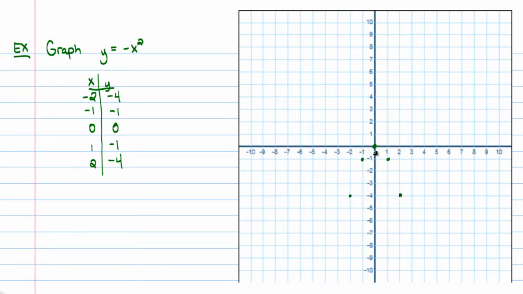And when I connect these points up, you'll see, oh, that's just our regular old parabola. It's just been flipped, or in other words, reflected about the x-axis. That gives us a nice theorem, so I'll go ahead and write it.